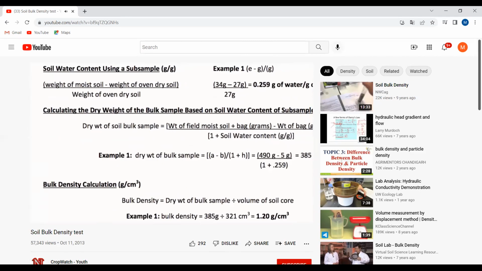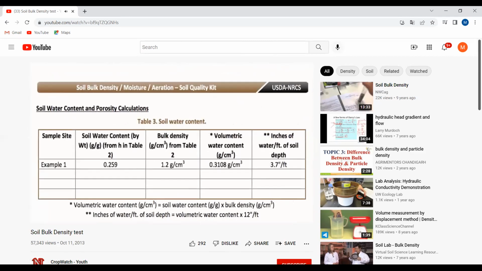Once we've completed those calculations, we're going to go on to table 3, and we're going to use the same information that we recorded or determined in table 2. We're going to determine soil water content. So we take the soil water content by weight from table 2 in grams per gram.